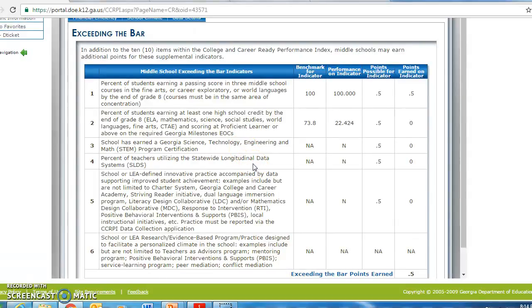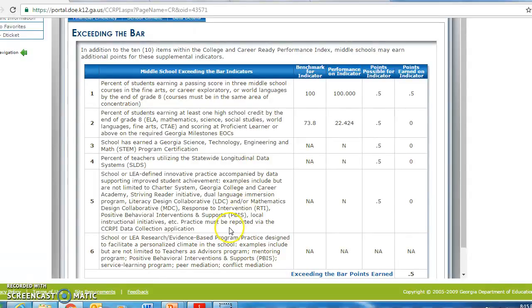We could also get a half a point for our percent of teachers utilizing the SLDS, which we've talked about. That is not something I want to try to strive for, because I think each teacher has to have something like a total number of hits. It has to be, I think, like 200 or 250 hits a year for each teacher, and so that's not an area that I think we need to focus on for a half of a point.